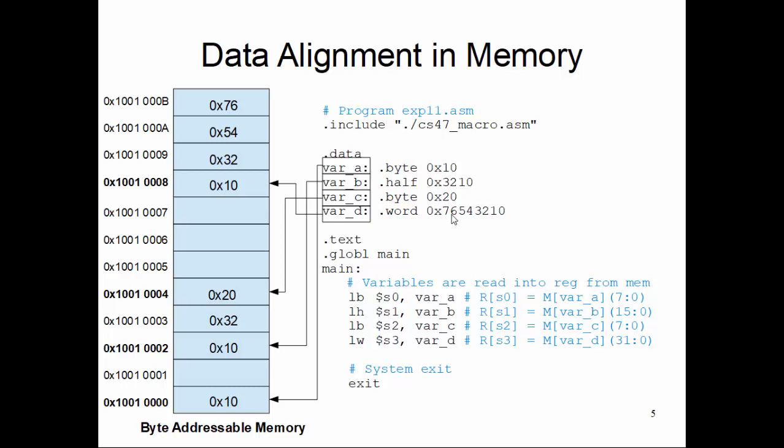A full word by rule has to start from an address divisible by 4. So the next available address after 0004 which is divisible by 4 is 0008. So VAR D is placed starting at 0008.